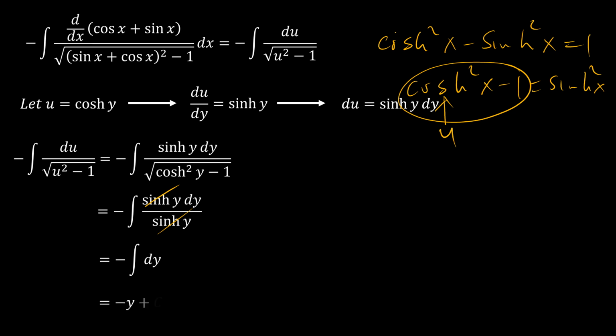And that means that our answer is negative y plus the integration constant c. If u equals cosh y, then y is the arc hyperbolic cosine of u.